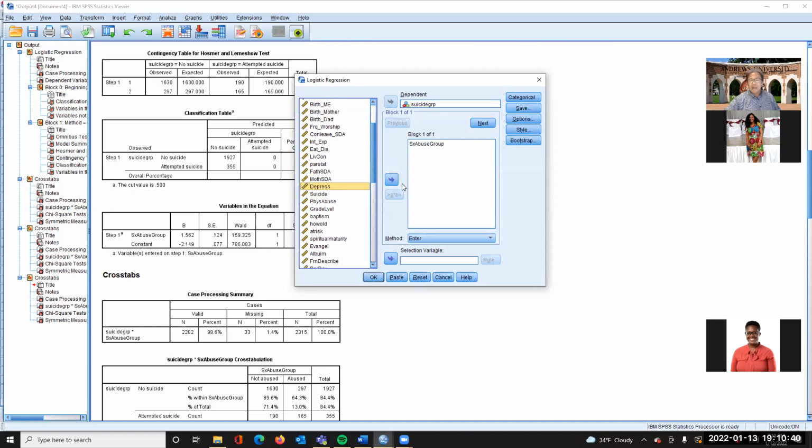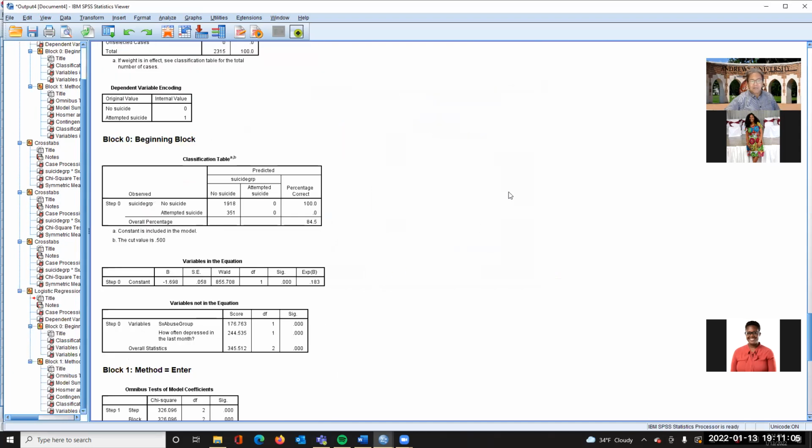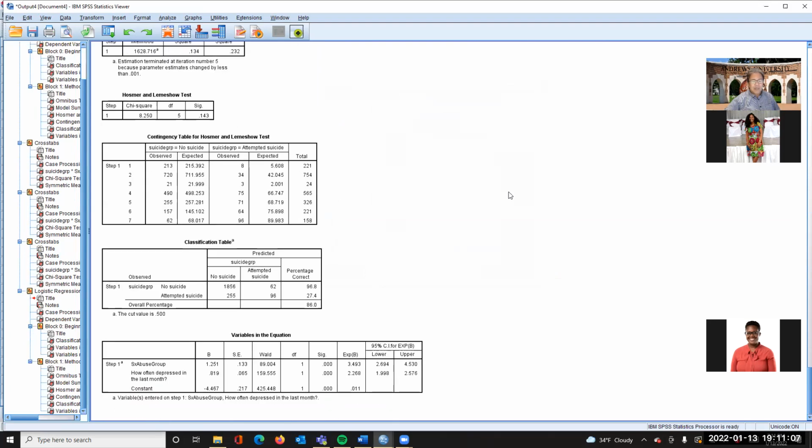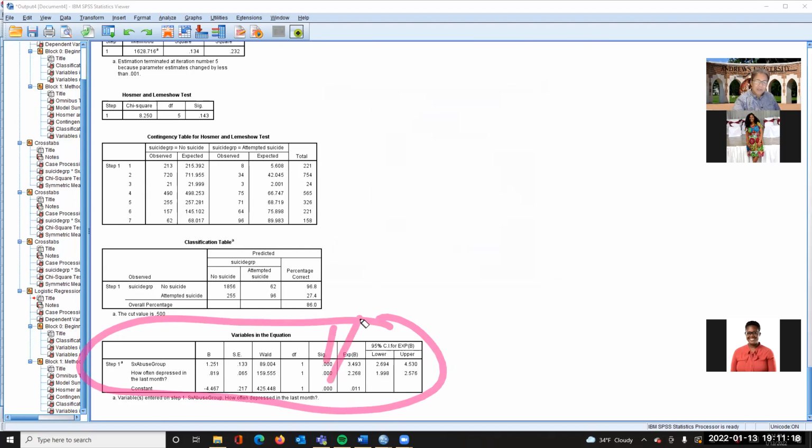Depression now is considered a scaled variable, right? Because remember, that goes from never to all the time. So here we've got sexual abuse as categorical, two values, and depression as a continuous variable. If you run this, we have an equation. This is our regression equation. It looks like both of these are significant predictors.